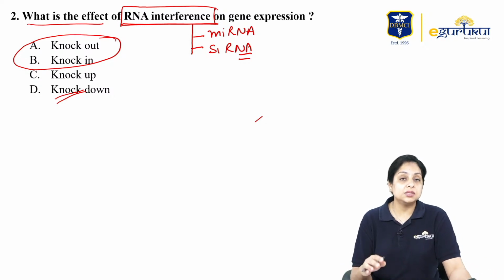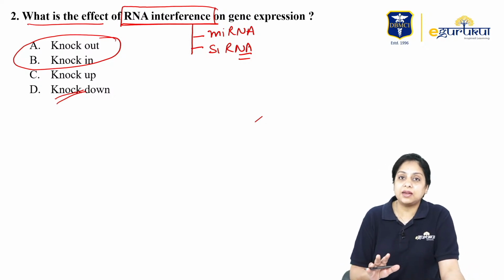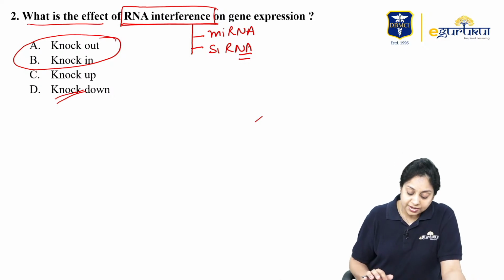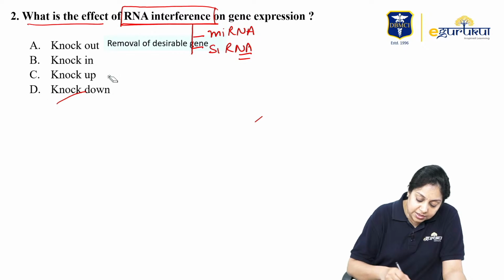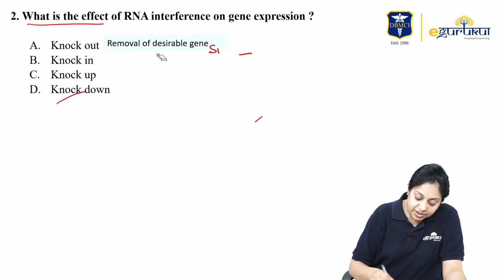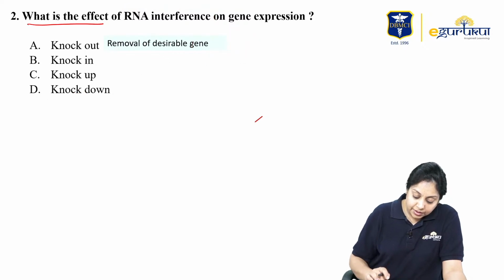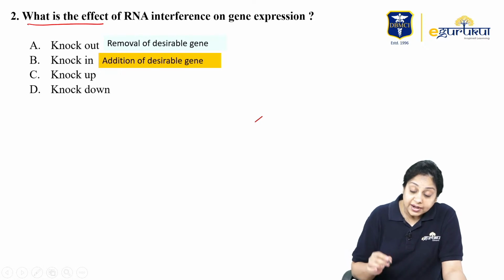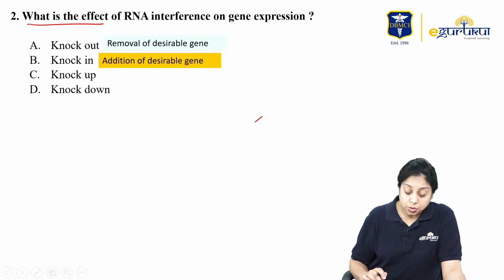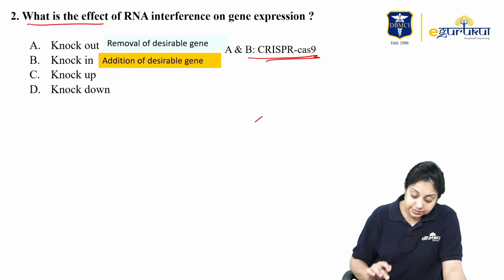But researchers have done a lot of things on the CRISPR-Cas system also, right? So gene knockout is removal of the desirable gene, right? Knock-in is addition of the desirable gene, that is choice B, and that is done by the CRISPR-Cas9 system.